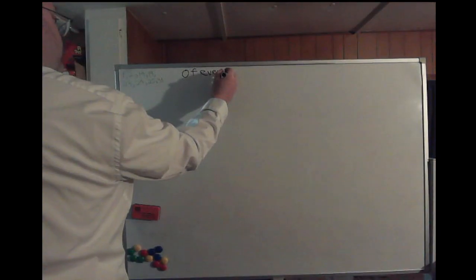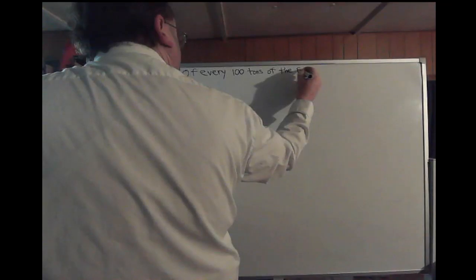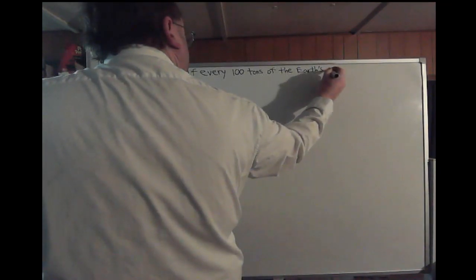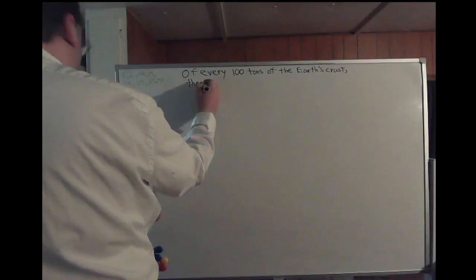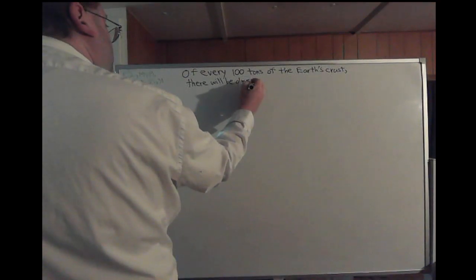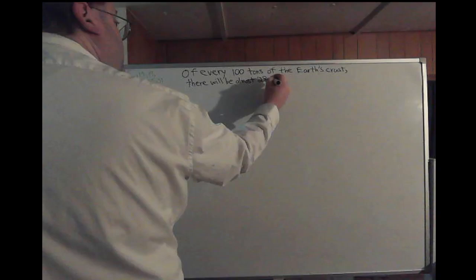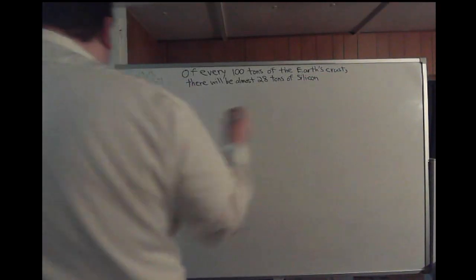Let's talk about silicon in the Earth's crust. Of every 100 tons of the Earth's crust, there will be almost 28 tons of silicon in its content.